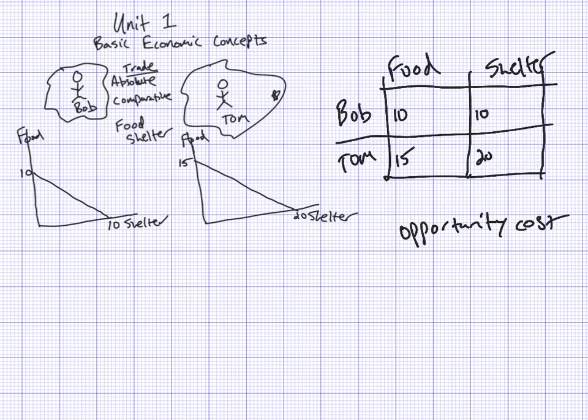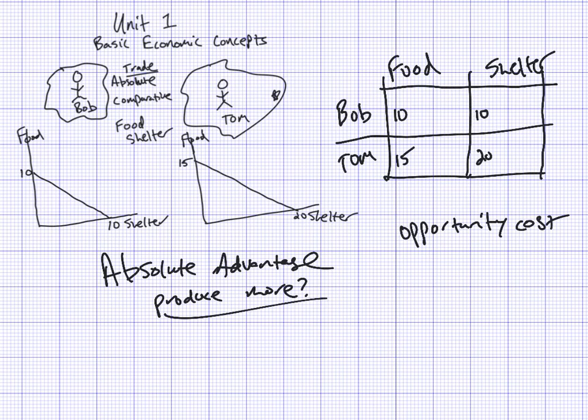Okay? So looking at this very easily, we can see who has an absolute advantage. The good definition of absolute advantage is who can produce more. Well, when it comes to producing food, we can see that Tom can produce 15, Bob only can produce 10.